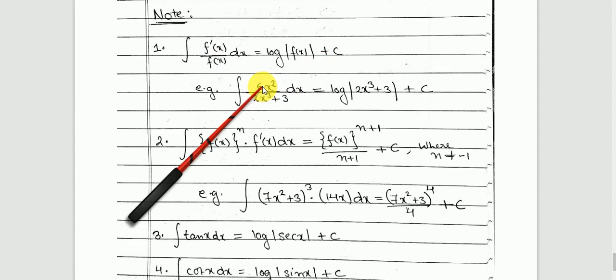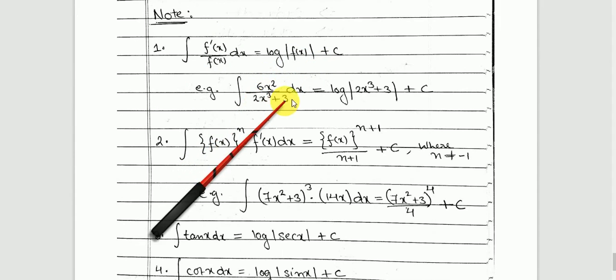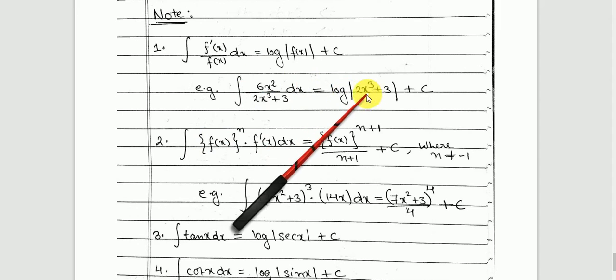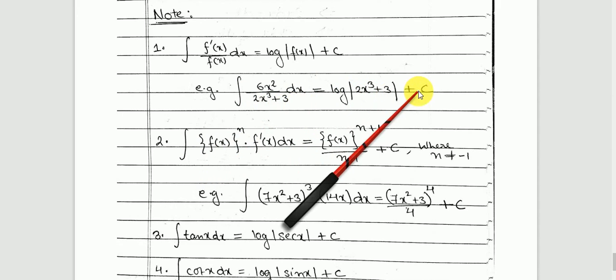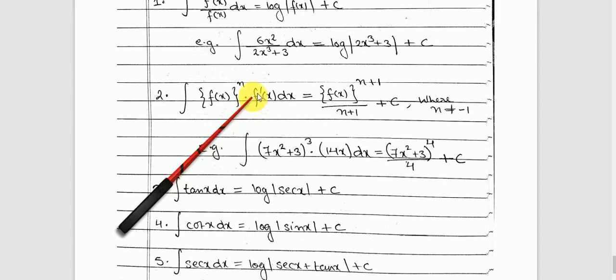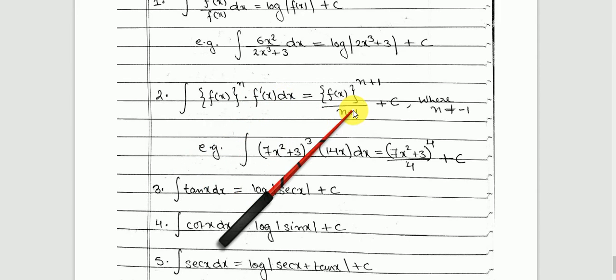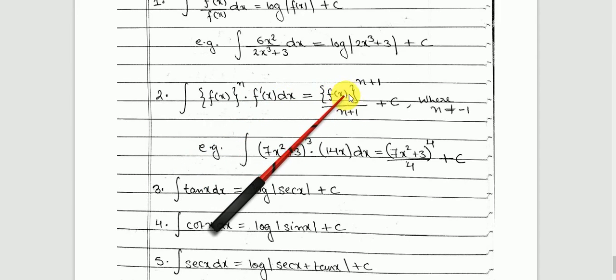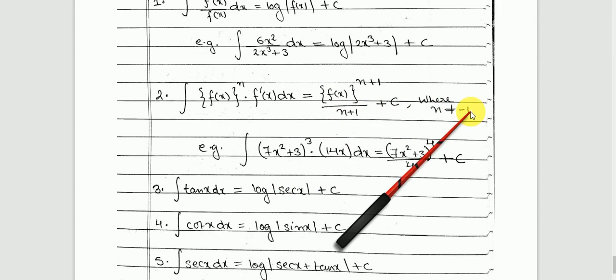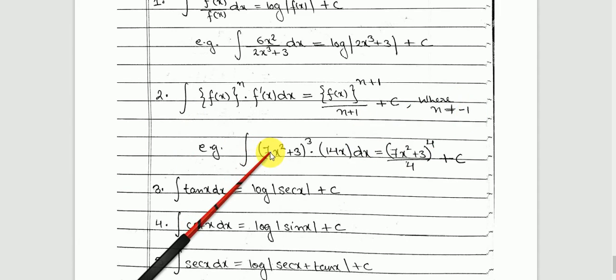So here in this example, this is fx, and the differentiation of this is in the numerator, so the integration will be log fx, where fx is 2x cube plus 3. Next, integration of fx to the power n into f dash x will be equal to fx to the whole power n plus 1 upon n plus 1 plus c, and in this case n should not be equal to minus 1. See the example 7x square plus 3.